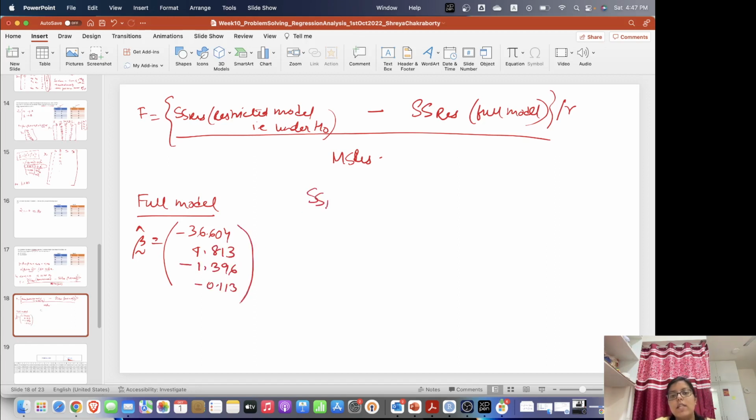So the sum of squares due to residuals from the full model would be nothing but y prime y minus beta hat X prime y. This is y, and this is our beta hat, let me write it as full.